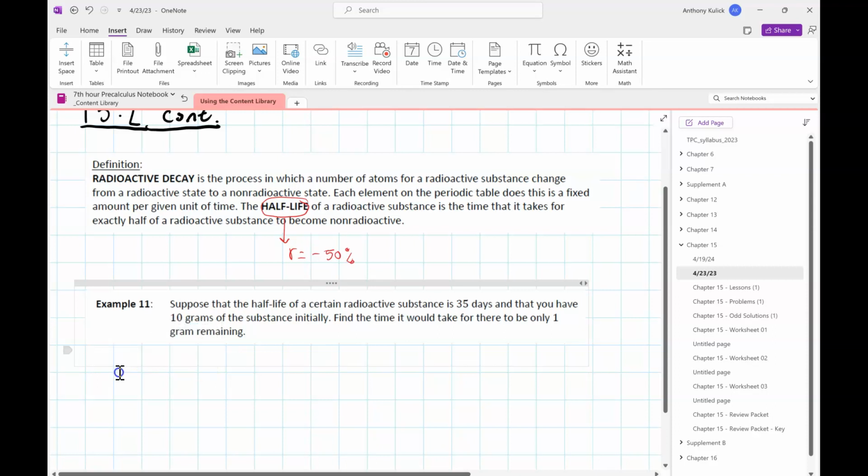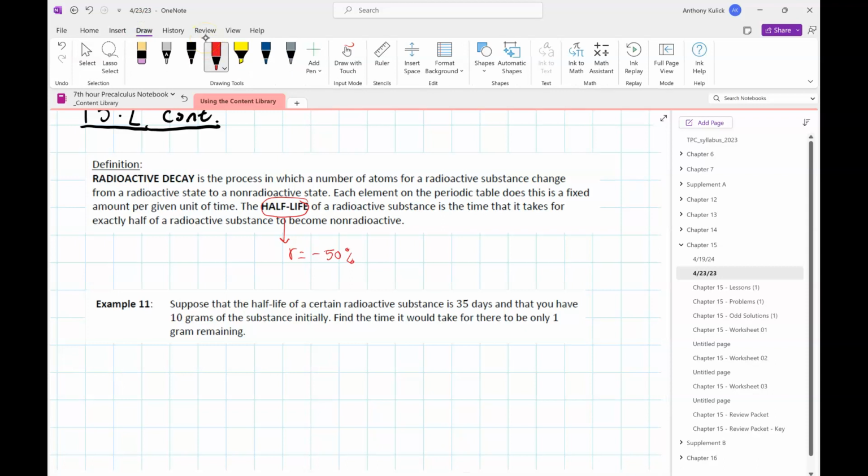All right. It says, suppose the half-life of a certain radioactive substance is 35 days, and you have 10 grams of the substance initially. Find the time it would take for there to be 1 gram remaining.